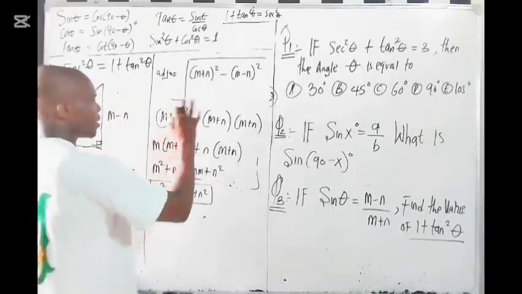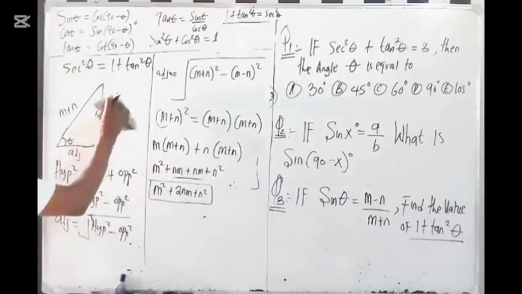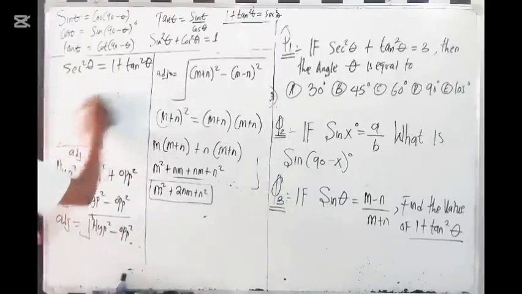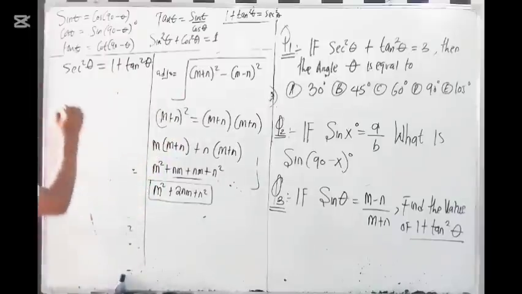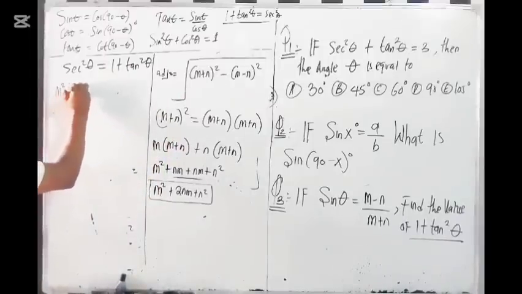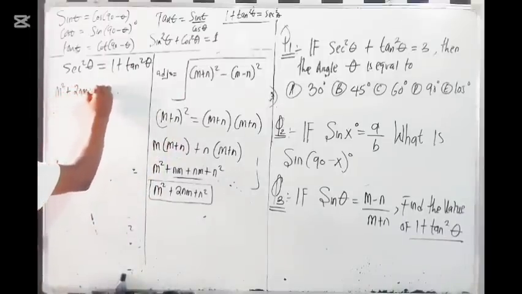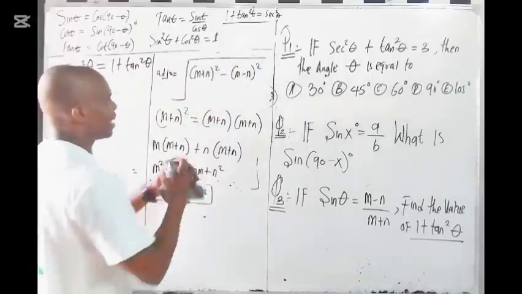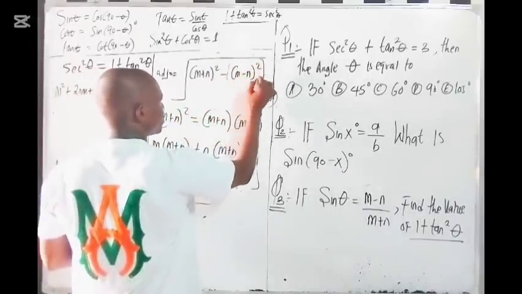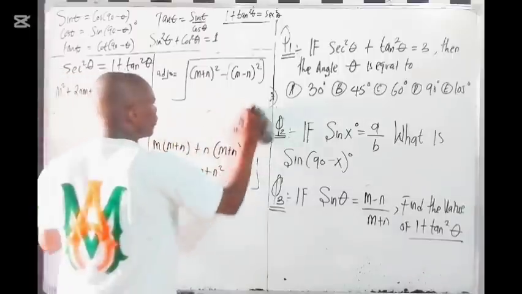Let me just write it here. The first one is m squared plus 2nm plus n squared. Now let's evaluate the second one separately.